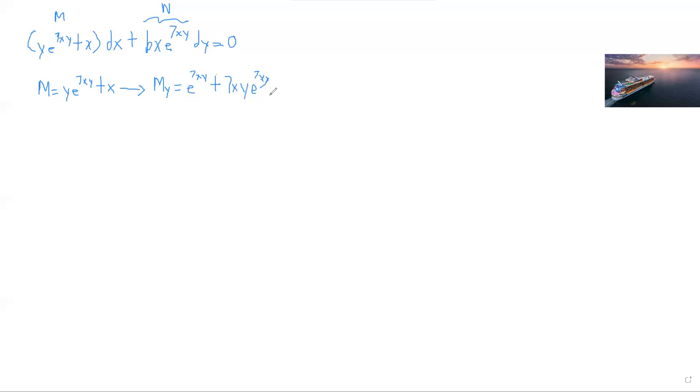Okay, so now check N. N is equal to b x e to the power of 7xy.